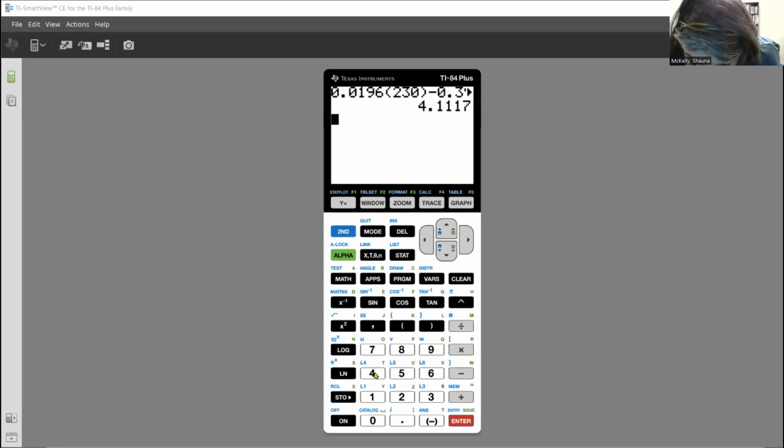So I get 4.3963, and I'm dividing it by 0.0196.